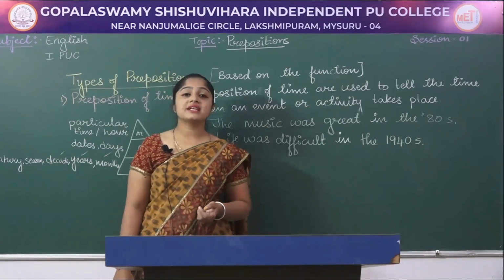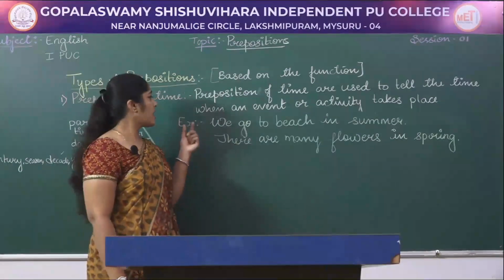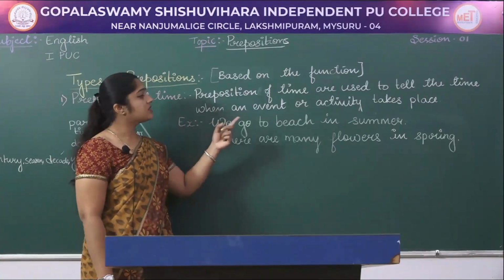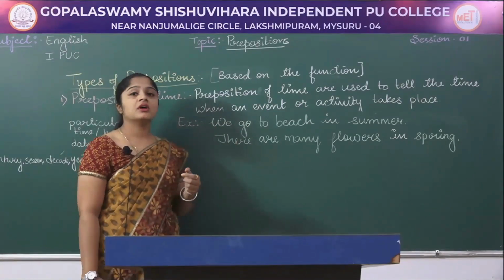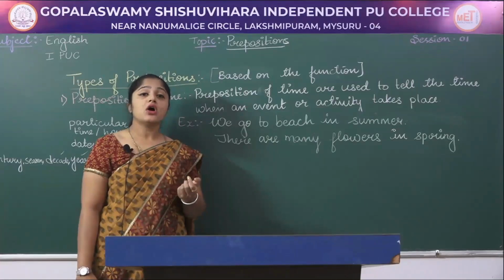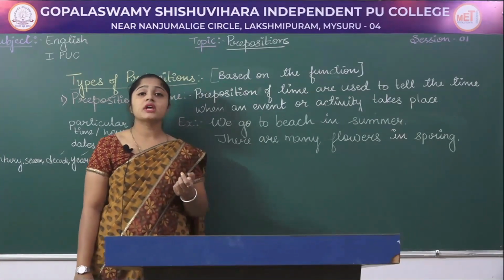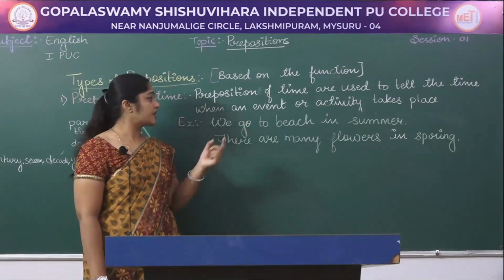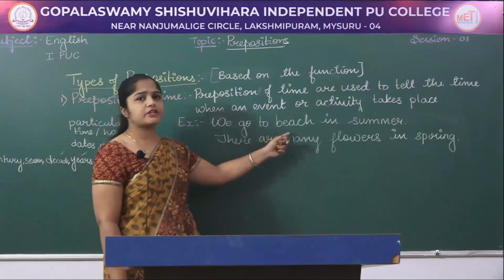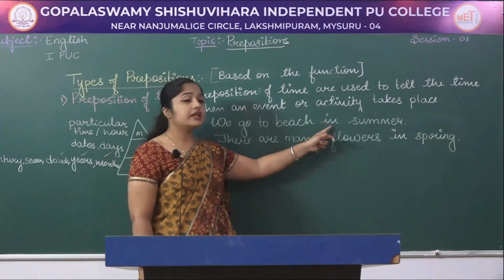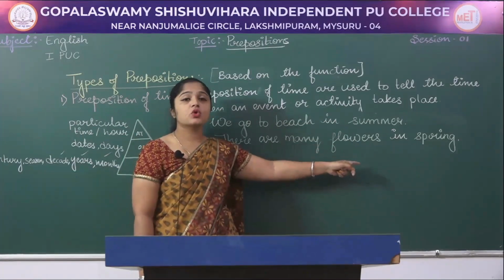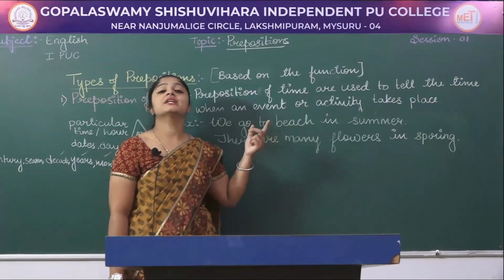Next, with seasons. We have to use in with seasons like summer, spring, winter, autumn. For example, we go to the beach when? In summer. So we all go to the beach in summer.